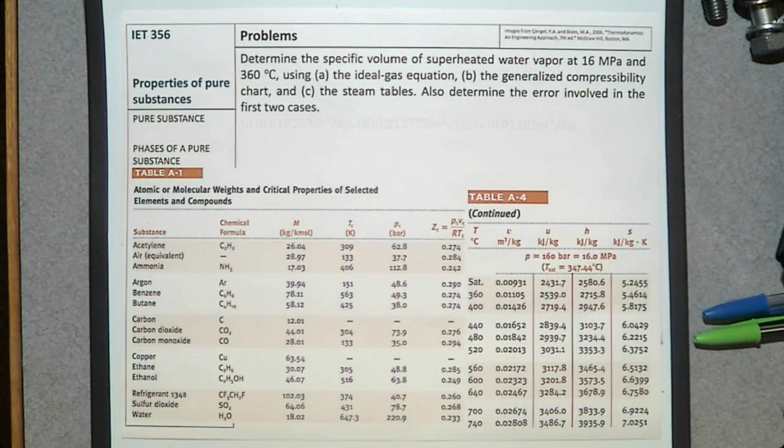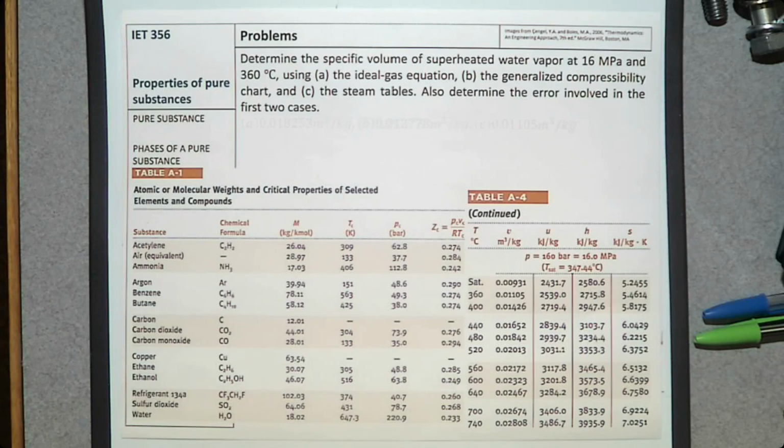The first one is the ideal gas equation. As we already know, you cannot use the ideal gas equation for water, but let's just try it. Of course, the value predicted by this ideal gas equation may have a significant error. Then we are going to use the compressibility chart to minimize that error.